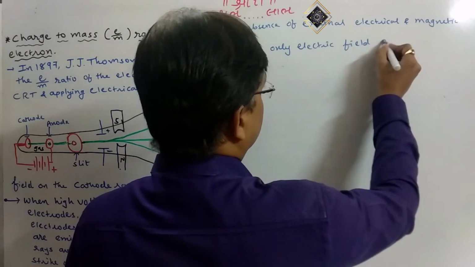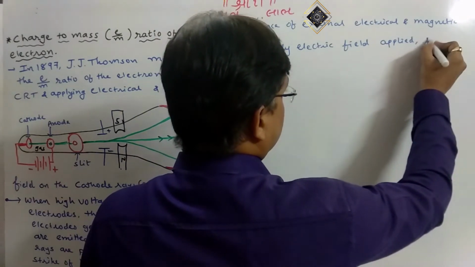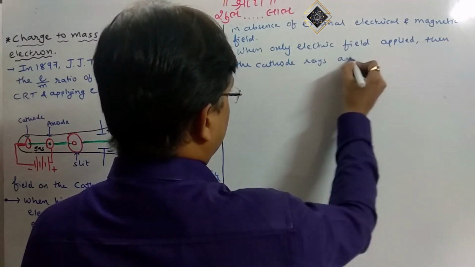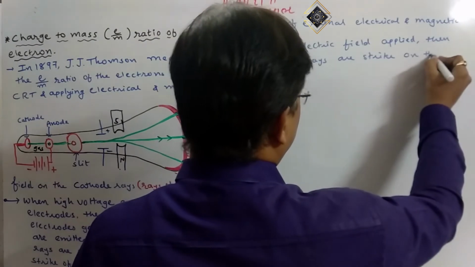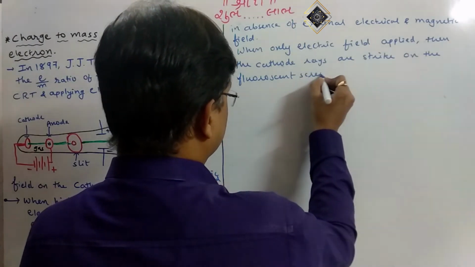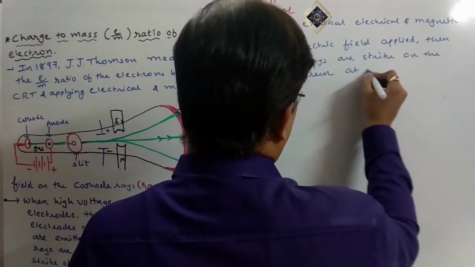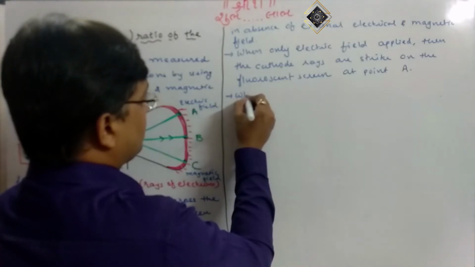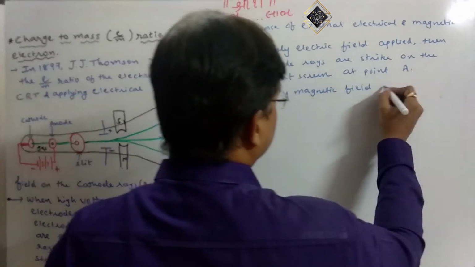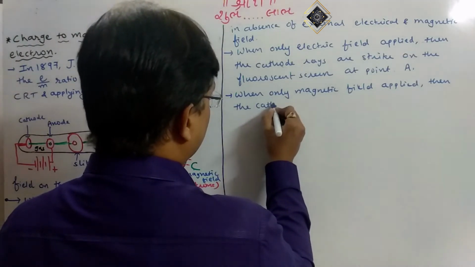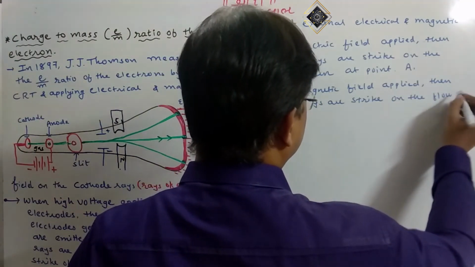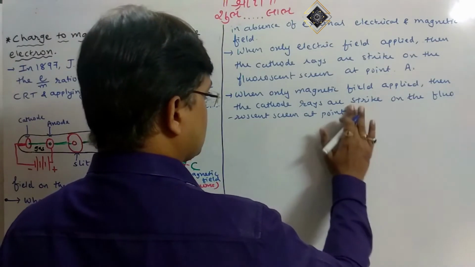When only electric field is applied, then the cathode rays strike on the fluorescent screen at point A. When only magnetic field is applied, then the cathode rays strike on the fluorescent screen at point C.